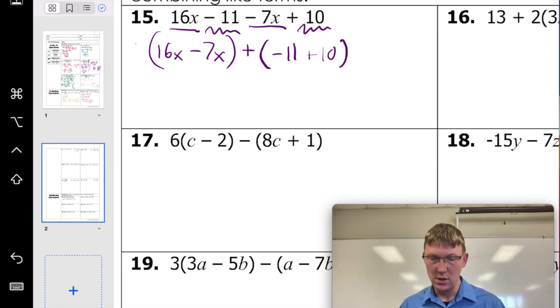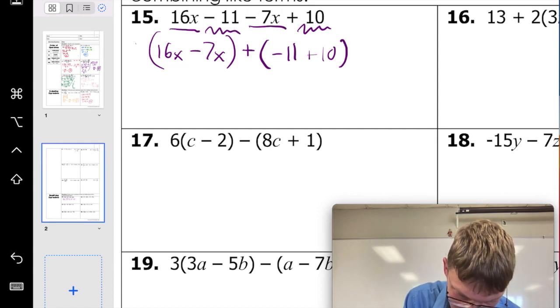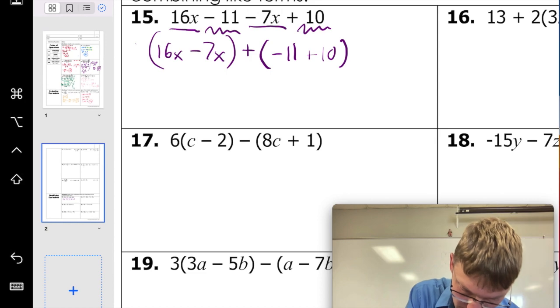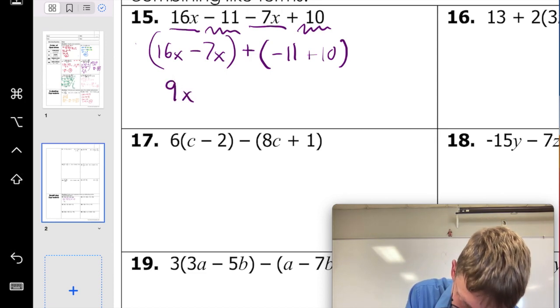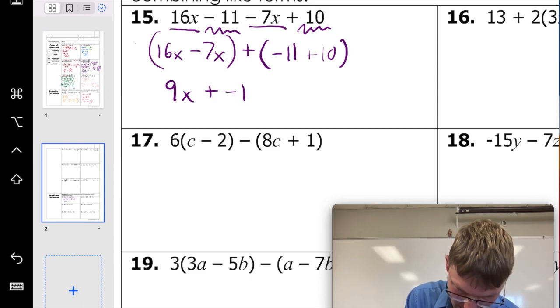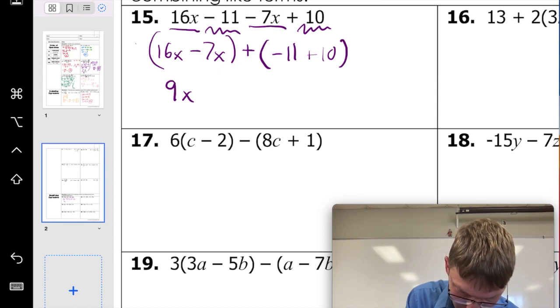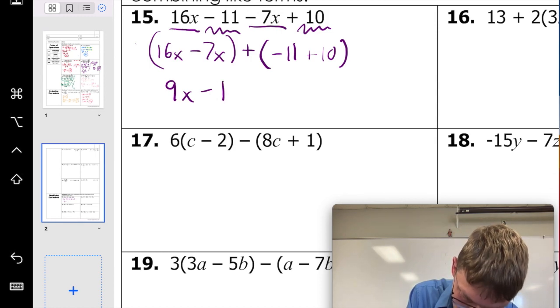Okay, so then we can simplify that. This guy turns into 9x plus a -1, which would typically be rewritten as just 9x minus 1.